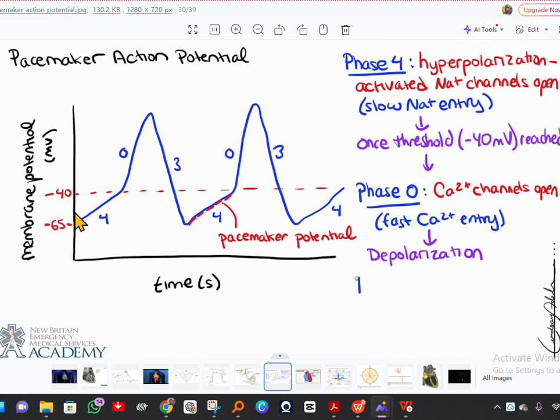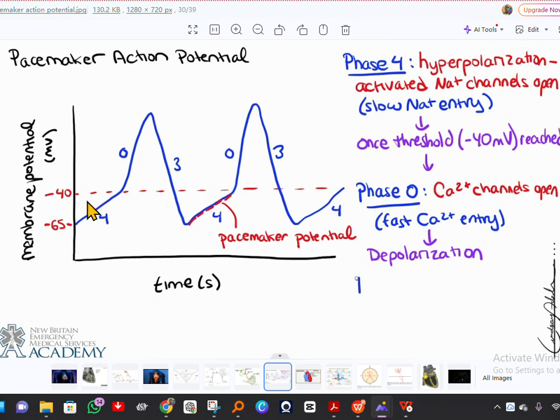The first thing you note is that the pacemaker cells don't have a constant resting membrane potential. For other cells, you expect that phase 4 is going to be constant, but for the pacemakers it is always changing. It is the slow-gated sodium channels that are responsible for this phase.